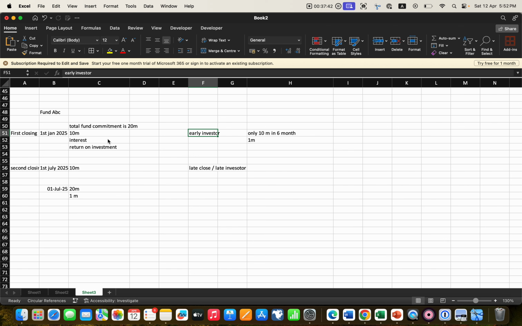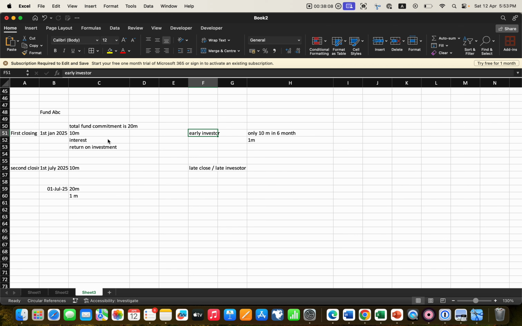In other words, if in future this fund gets a return, like in 2026 it gets 2 million, then 1 million each investor can get, because the second investor already gave 1 million to the first early investor. That's why the fund got equalized on 1st July 2025 itself.